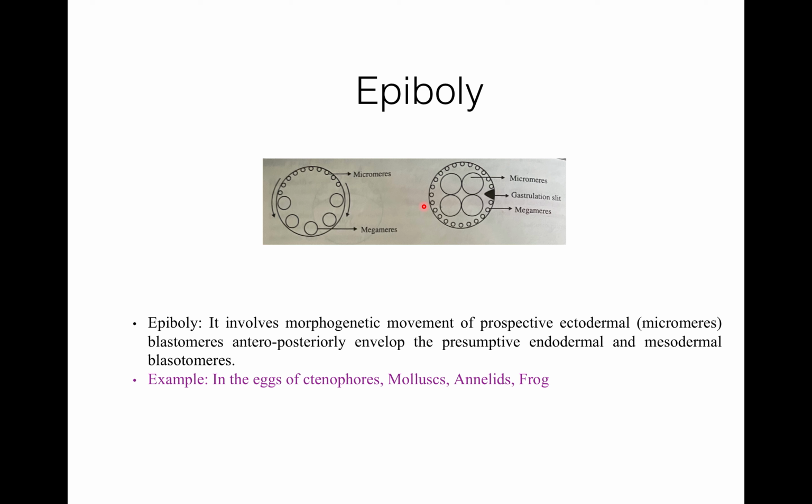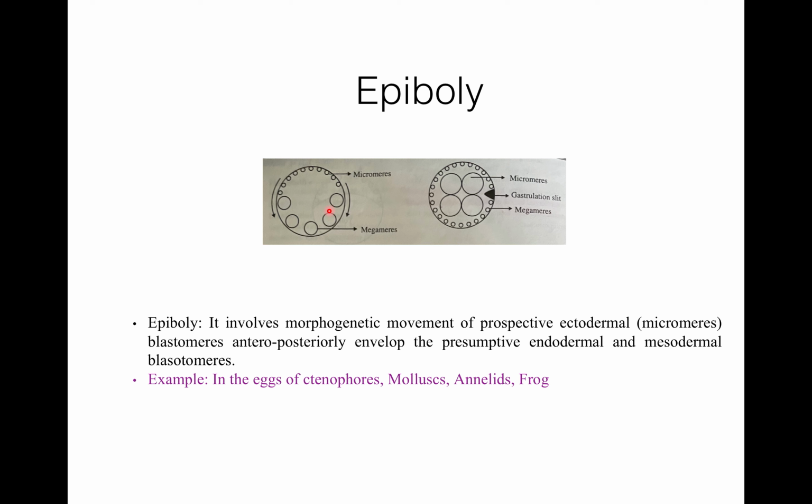Epiboly involves morphogenetic movement of prospective ectodermal blastomeres, or we can say micromeres, anterior-posteriorly, and they envelop the presumptive endodermal and mesodermal blastomeres. So here you can see micromeres and there are megameres. These micromeres are prospective ectodermal blastomeres, and megameres are prospective endodermal and mesodermal blastomeres.